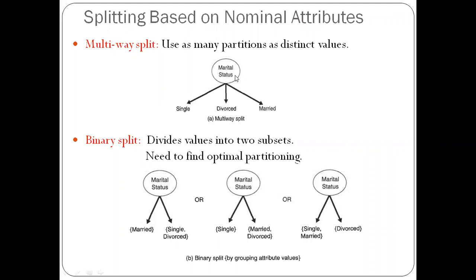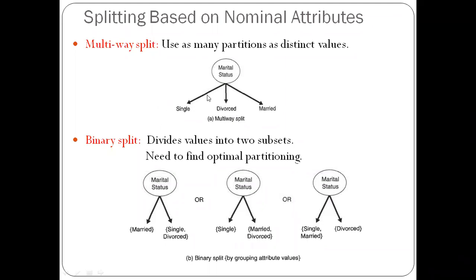For example, marital status is a multi-way split, not a binary split, because it has multiple outcomes based on the test condition: either single, divorced, or married. So we have specified a multi-way split for this nominal attribute, marital status.